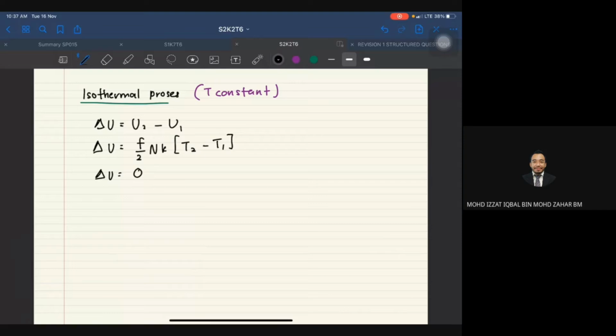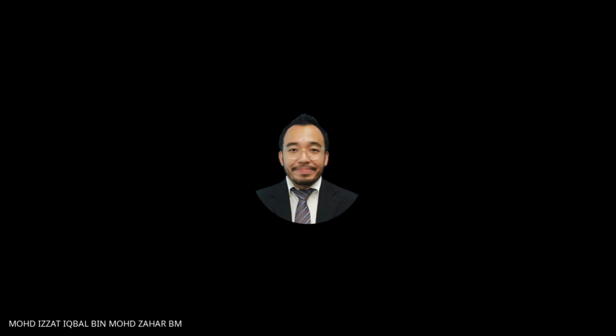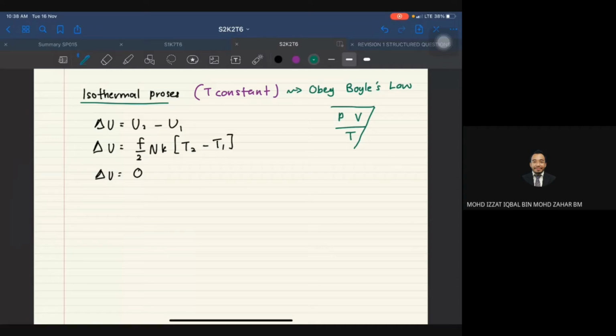And the fact that T is constant, it obeys Boyle's law. This is from the previous chapter. Boyle's law, kalau kita pakai yang triangle tu, P V T, kalau T dia adalah constant, maksudnya P1V1 equals to P2V2.